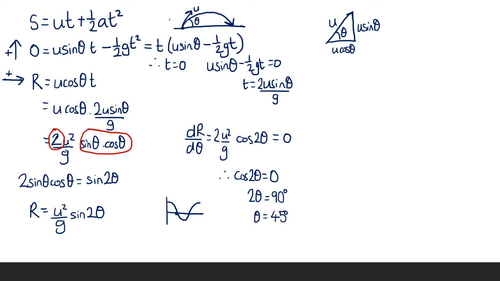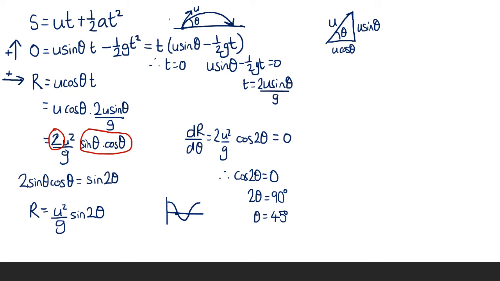Now the general solution to that cosine is going to have multiples of 360 added onto that, or when we divide it by 2, multiples of 180, but we're not interested in that because the domain of our problem is just 0 to 90. So this is the only one we're interested in. So the angle is 45 degrees, which you might have guessed at the start.